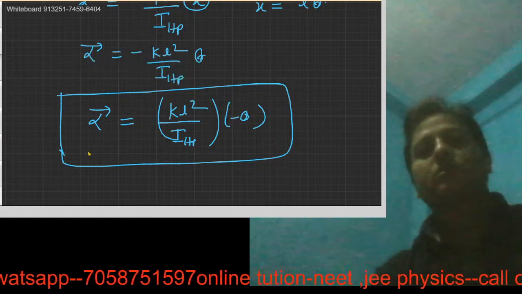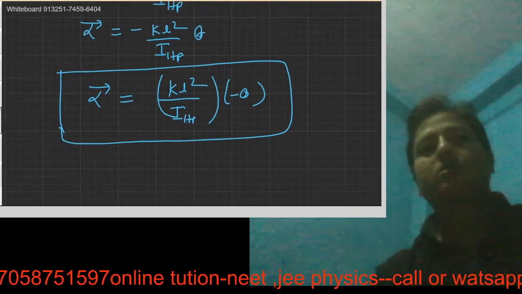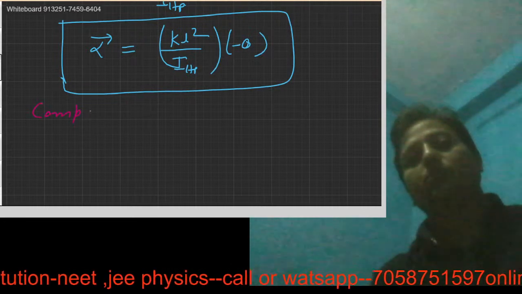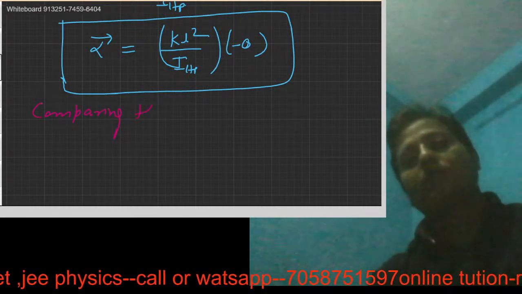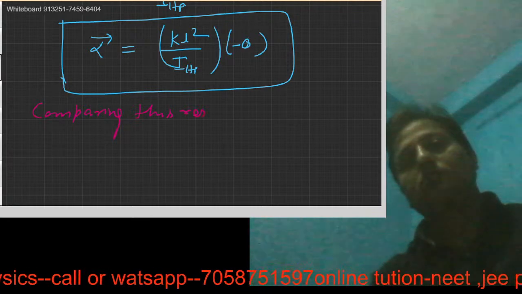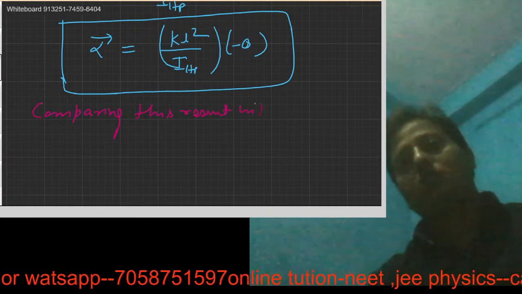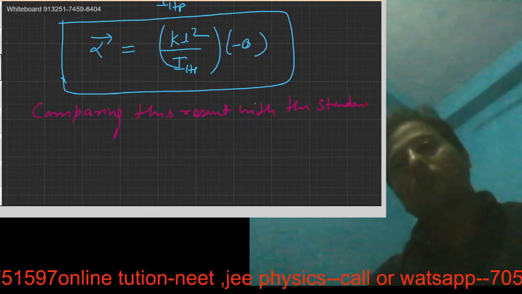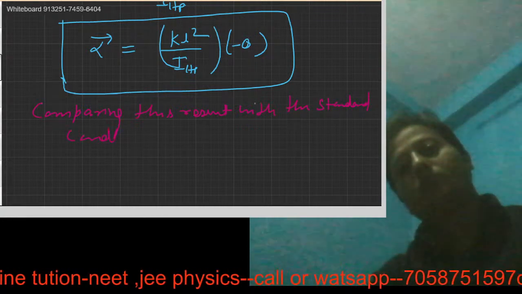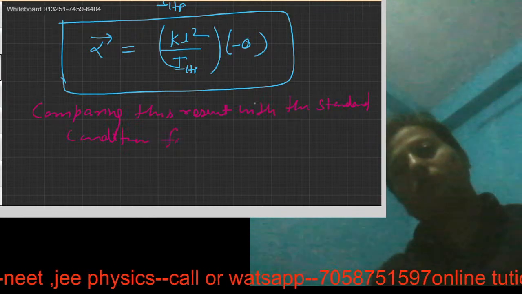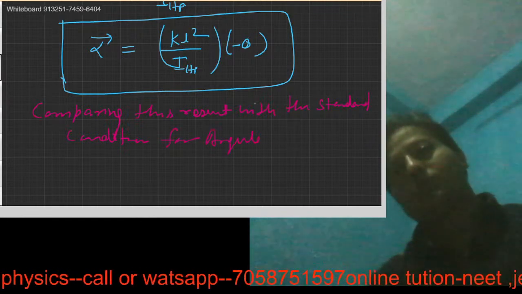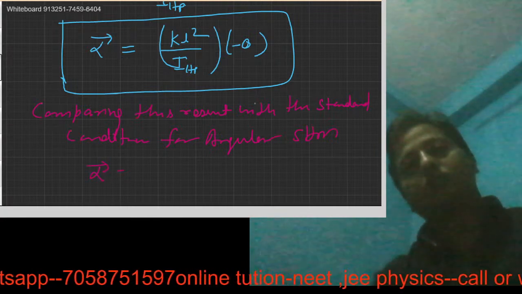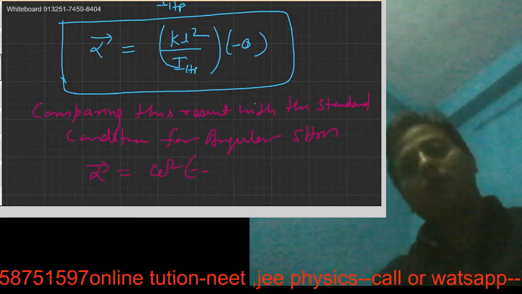Comparing this result with the standard condition for angular SHM, we have alpha is omega square into minus theta.